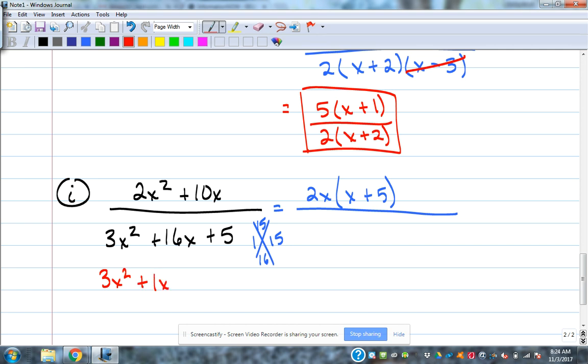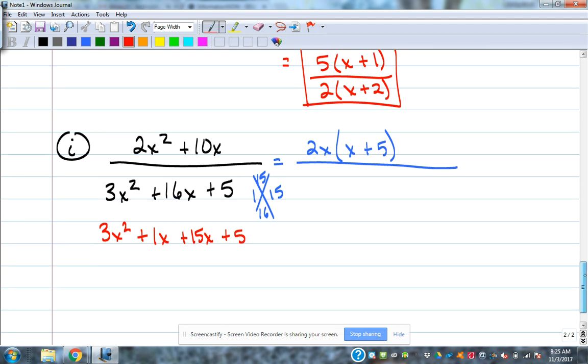So I'm going to put plus 1x plus 15x plus 5. So we're going to have to do the grouping on that. 3x squared and 1x have x in common. Leaves us 3x plus 1. 15x and 5 have 5 in common.